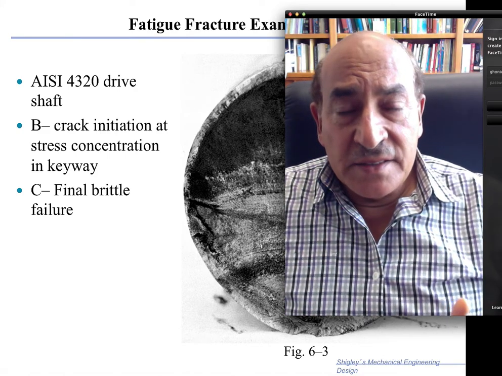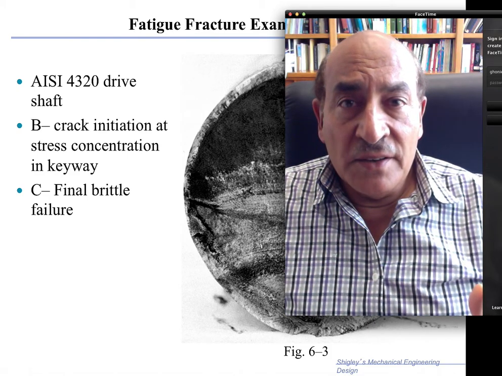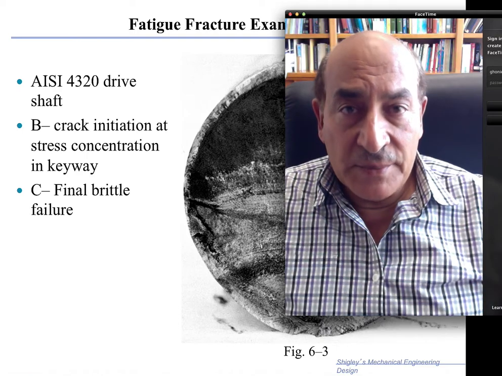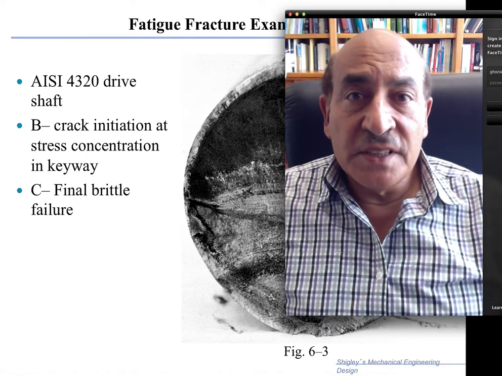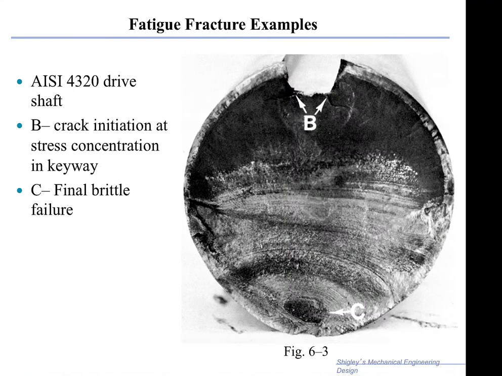Now let's look at a few examples that illustrate fatigue failure of real components, so we can appreciate visually what they look like when they fail. So here you get fatigue failure of a drive shaft, and the drive shaft has actually undergone fatigue, and you get some kind of an initiation of a crack at B due to the stress concentration in the keyway.